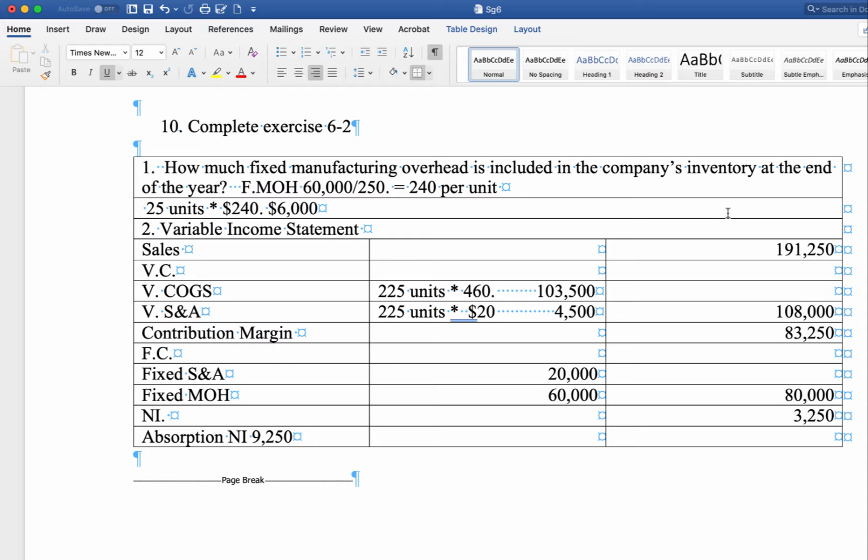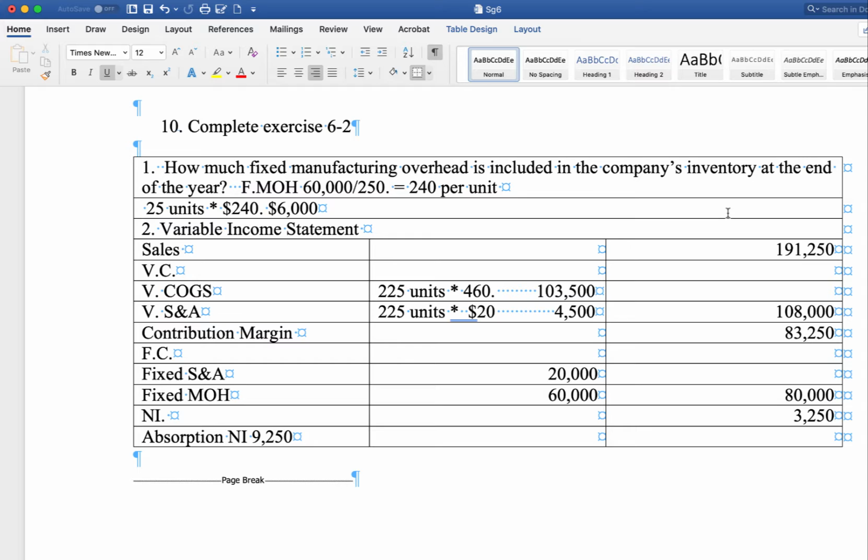Then we subtract out our fixed expenses. Because we're doing the variable method, we're recognizing all of the fixed manufacturing overhead, all $60,000. Okay? Under the absorption method, of the fixed manufacturing overhead, we only recognized $54,000. How did you get that?